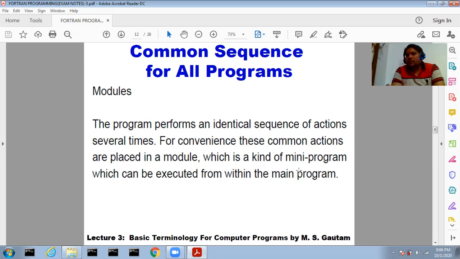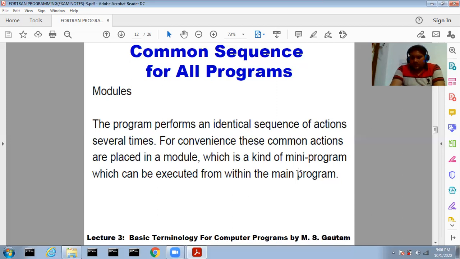This mini program may be common to three or four places, or more than one place, while a program is running. If some mini program is common for more than one place, then it is generally used, and this type of structure is known as a module in a computer program.